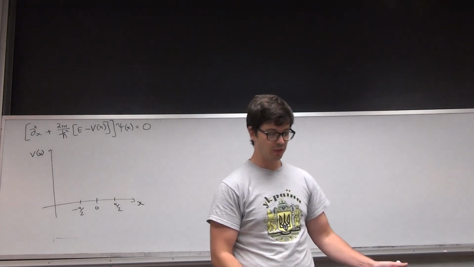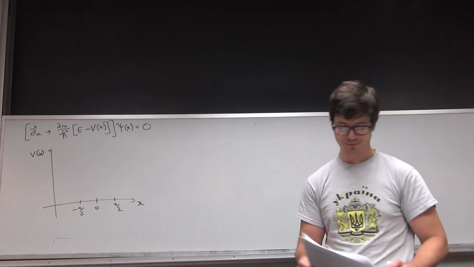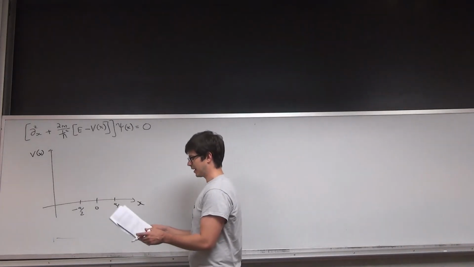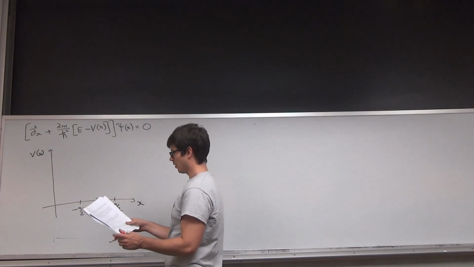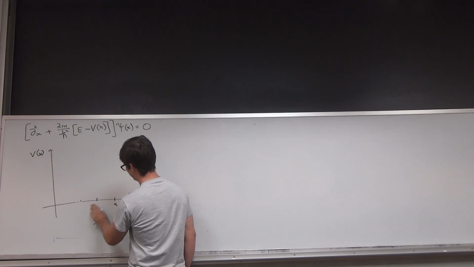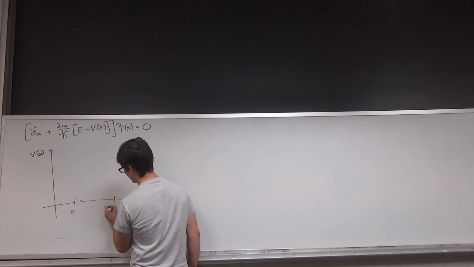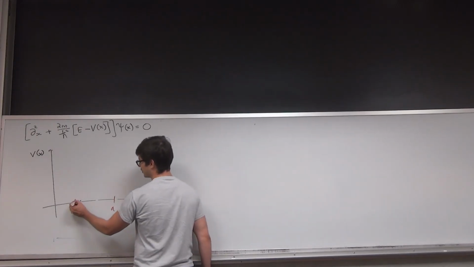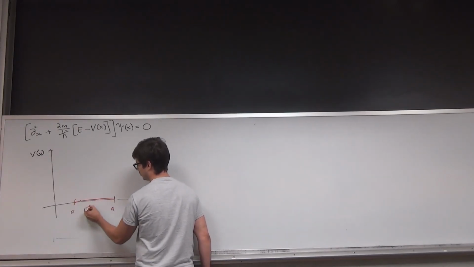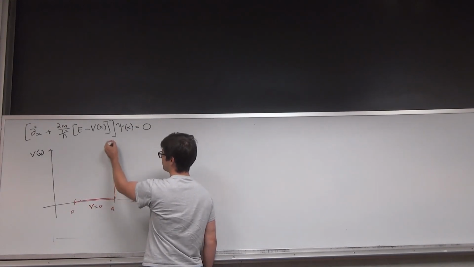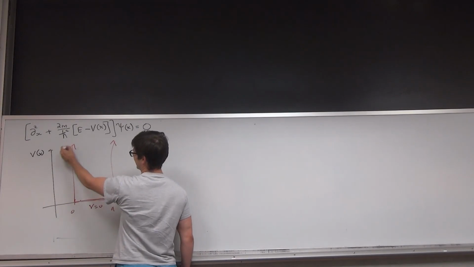And the potential we'll be interested in is something that looks like, well, here, we're going to go from 0 to A. And from 0 to A, we're going to have no potential. It's going to be 0. And as soon as we hit 0 or A, this thing will shoot off to infinity, like that.